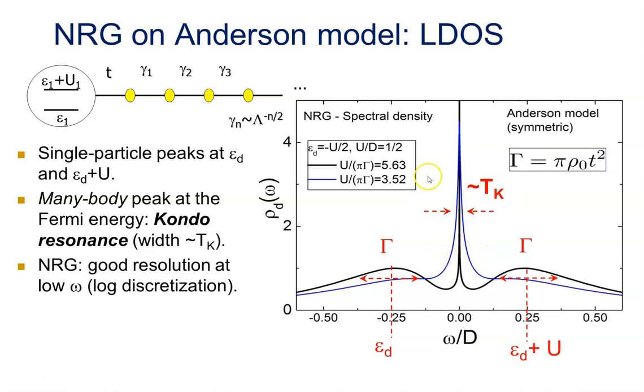But Wilson's NRG does a very good job capturing this because it has very high precision precisely at low energies. That's one of the features of the method. It is able to characterize the spectral function, this should be A, sorry, at very low frequencies, which means I have a way to calculate the full spectral function of the Anderson model with no need to do mean field or perturbative approaches.